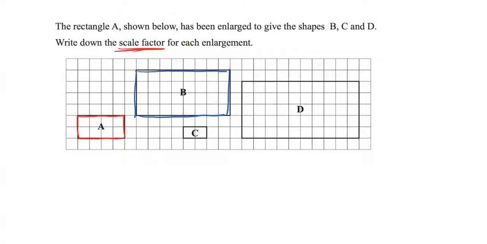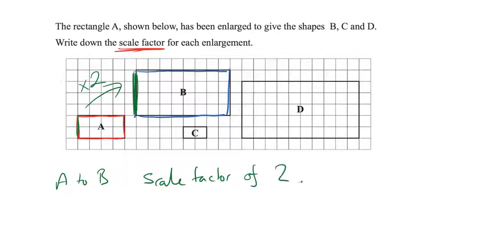Well, this green side here of A was 2, and the corresponding side of B is now 4. So to get from A to B, we times each side by 2. So the answer from A to B is a scale factor of 2.